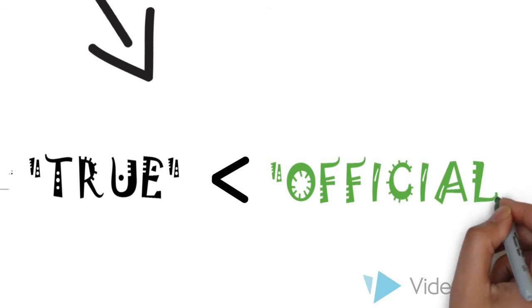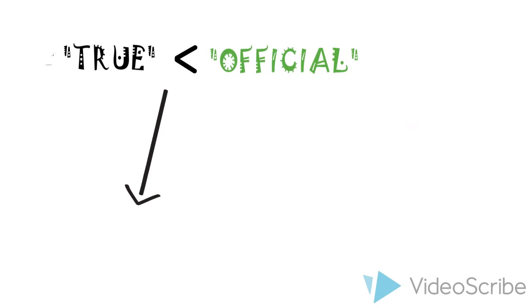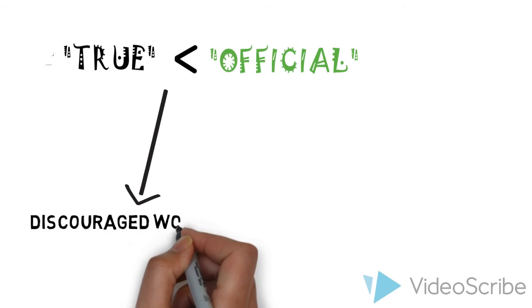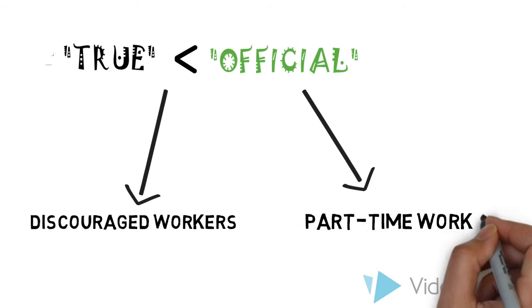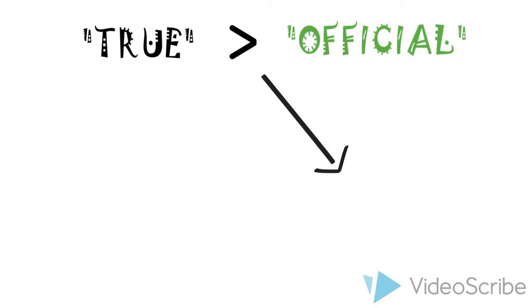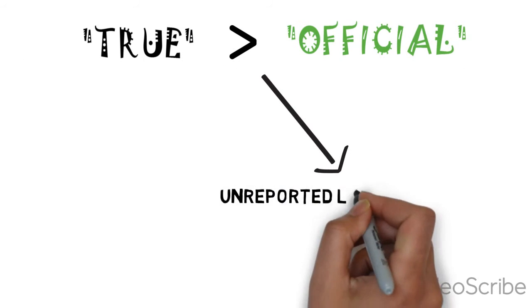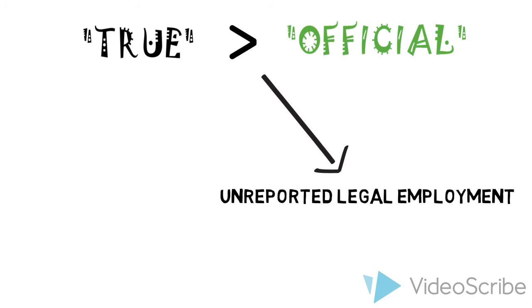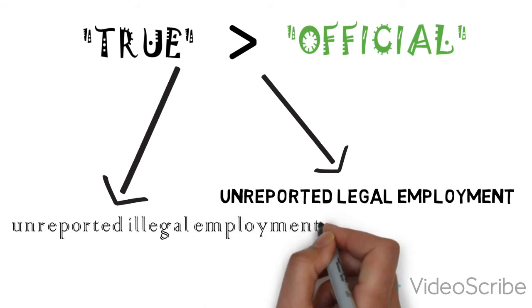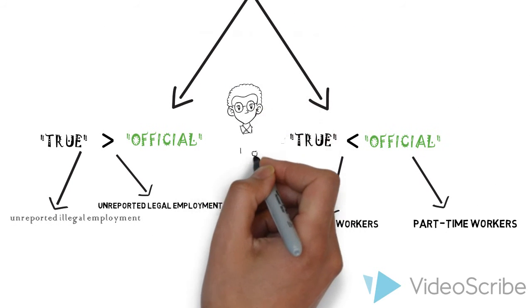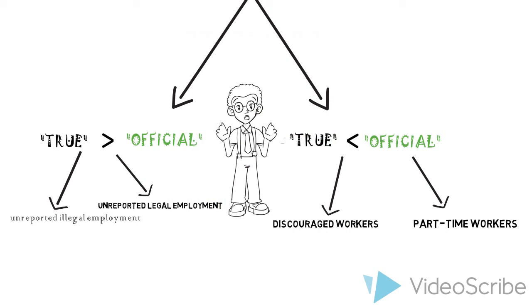The two items that show up in the understated category are discouraged workers and part-time workers. The two items that show up in the overstated category are unreported legal employment and unreported illegal employment. These factors lead to a major misrepresentation of the economic situation.